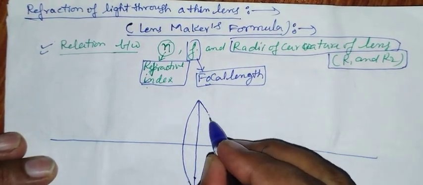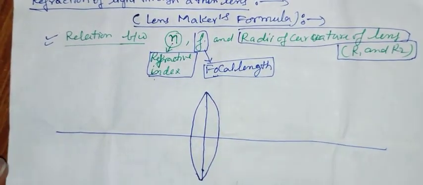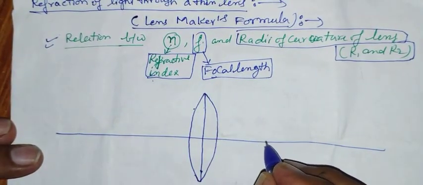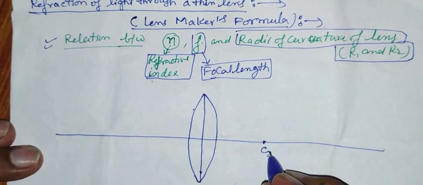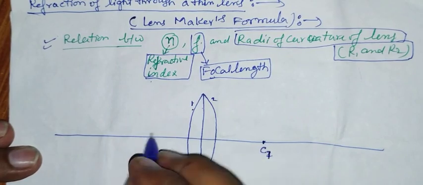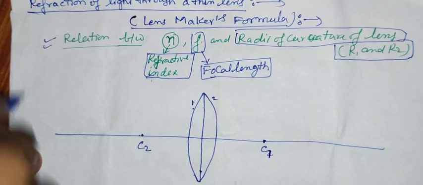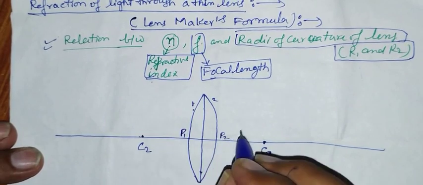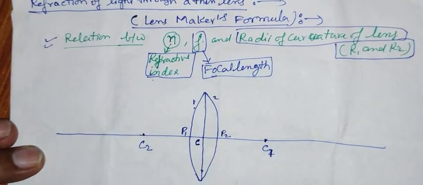In the diagram, we are taking a convex lens, two curved surfaces. So for the first surface, the center of curvature, let it be on this side, C1. Second surface, the center of curvature C2 is on the left hand side. Pole P1, P2, and let this be the position of the optical center.